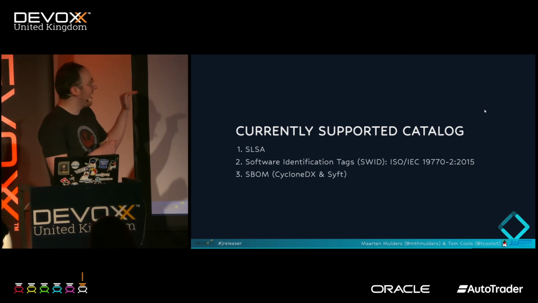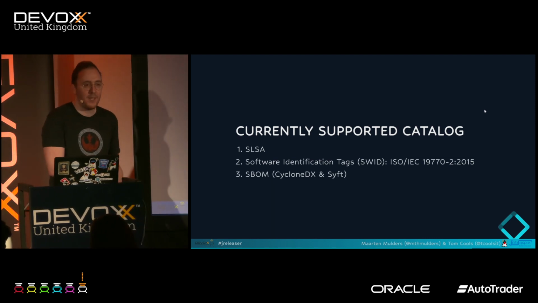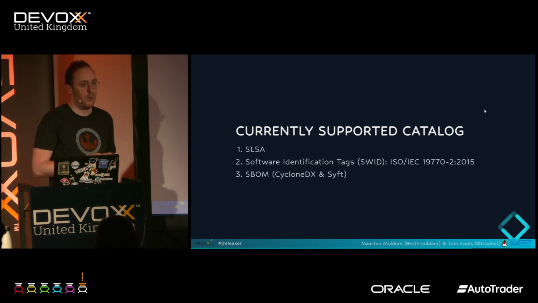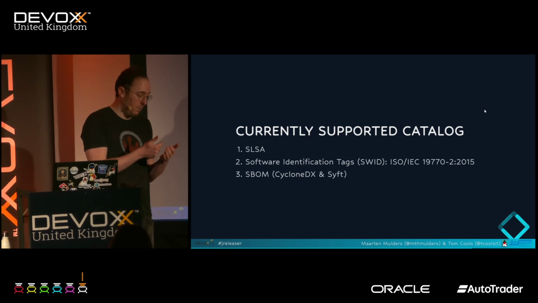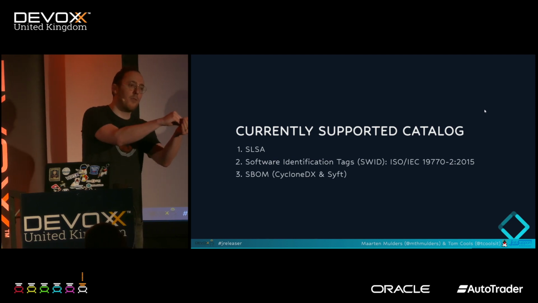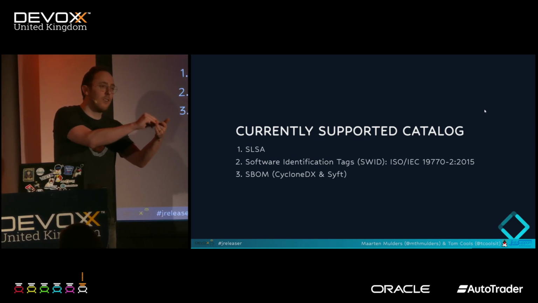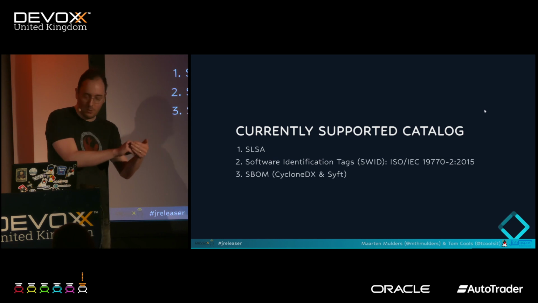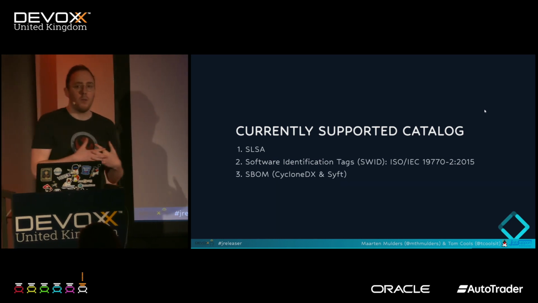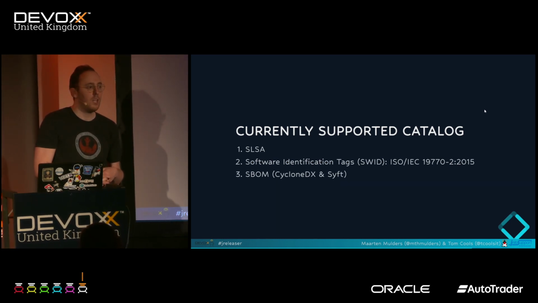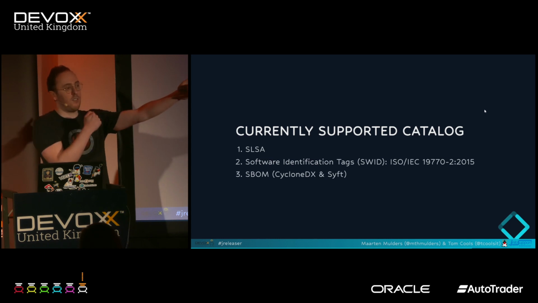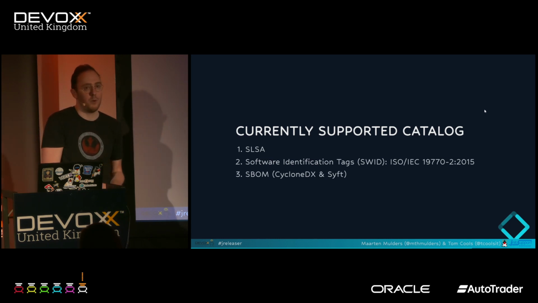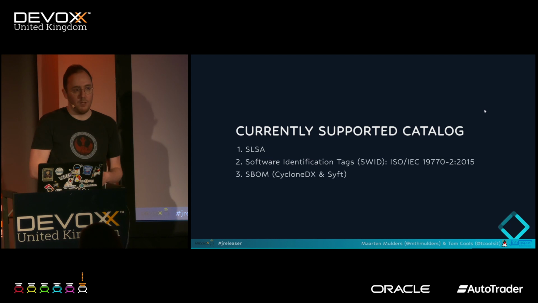The second thing that we have are software identification tags, or SWIDs, which is an ISO norm, which basically puts a tag on the box of your software saying this is the software written by this person and so on. And then, of course, there's SBOM, which means Software Bill of Materials, which lists everything that's in your deployable software. And JReleaser helps with that as well.